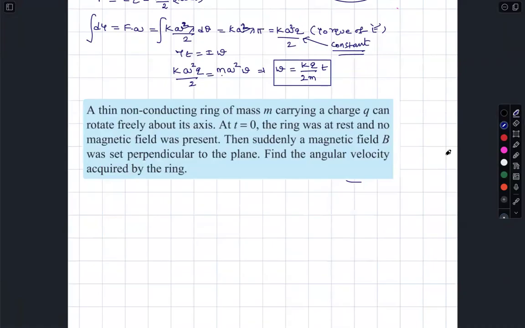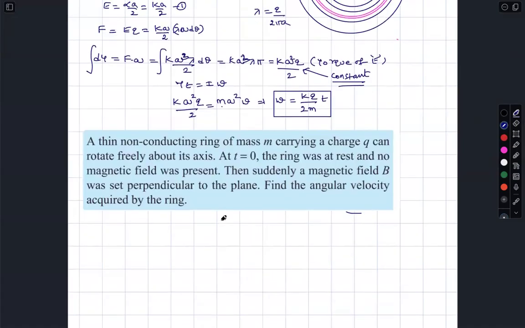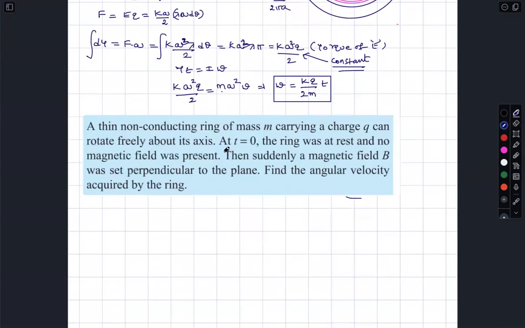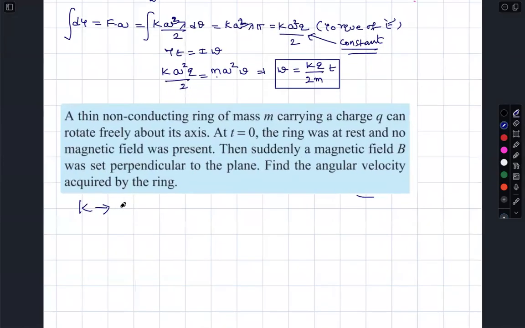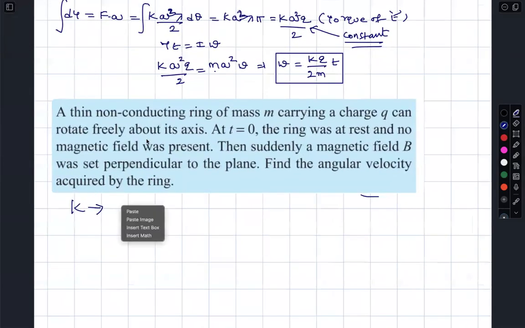In fact, half of the question you have already done. Now, what is the torque that you got? Please try to understand the torque of the electric field. In the place of K, write dB by dt.